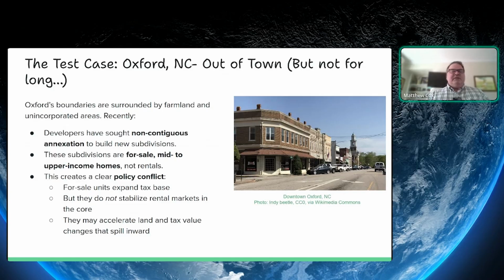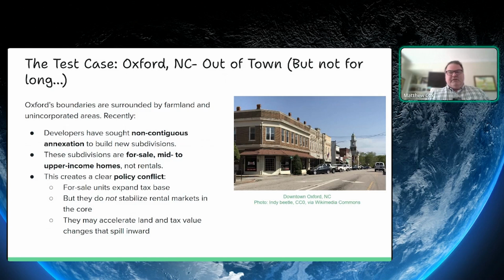police, fire, safety. It's a practice that was widespread in the mid to late 20th century in the United States. The problem is the practice has almost always led to economic challenges for the cities that engaged in that practice. The subdivisions themselves are for sale.